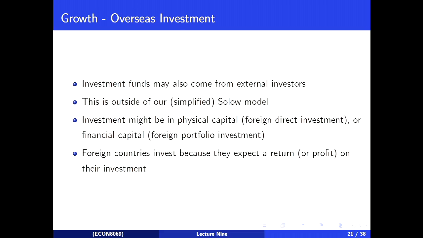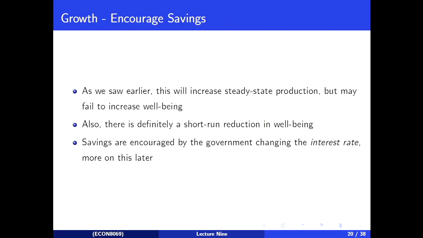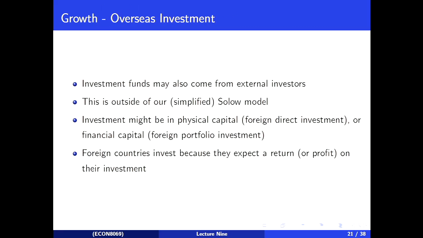Okay. Some other things that we can talk about. This is a little bit outside our model, but we can still talk about it in light of our model. We could talk about overseas investment. Again, this is outside our model because our model blocked off the external economy, but that's okay. We can talk about trying to get funds from external investment, which will increase output because there's then more capital.